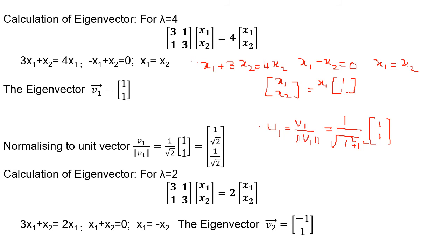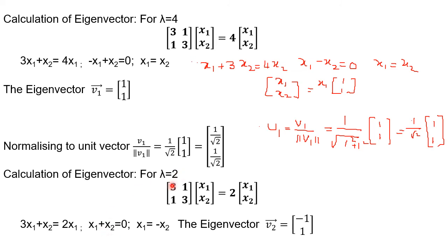So finally we get u1 as (1 by root 2, 1 by root 2). Let us try to calculate the eigenvector corresponding to eigenvalue lambda equal to 2.